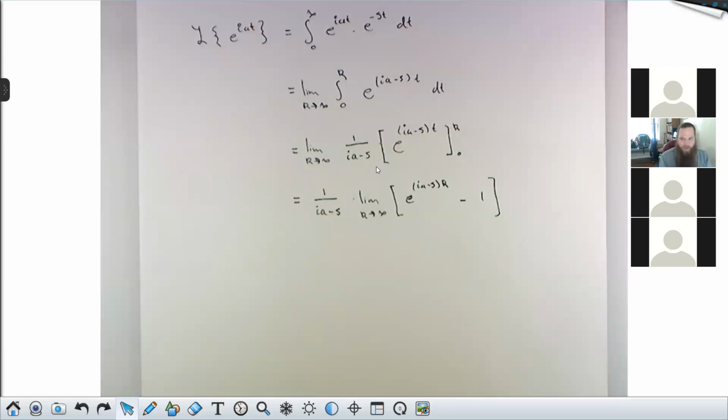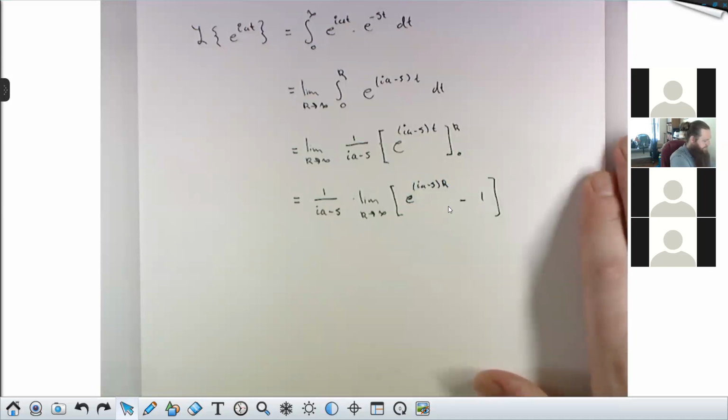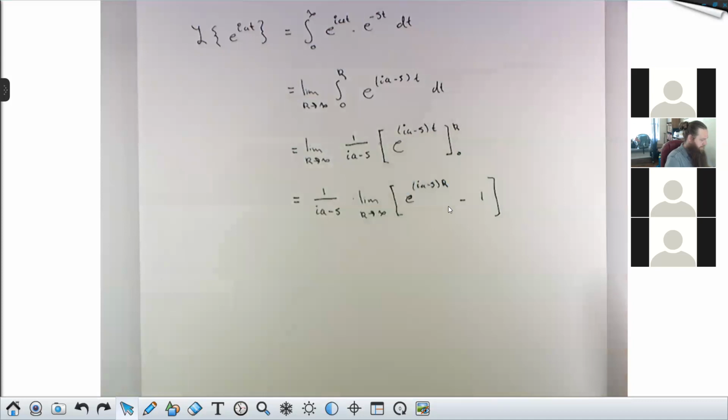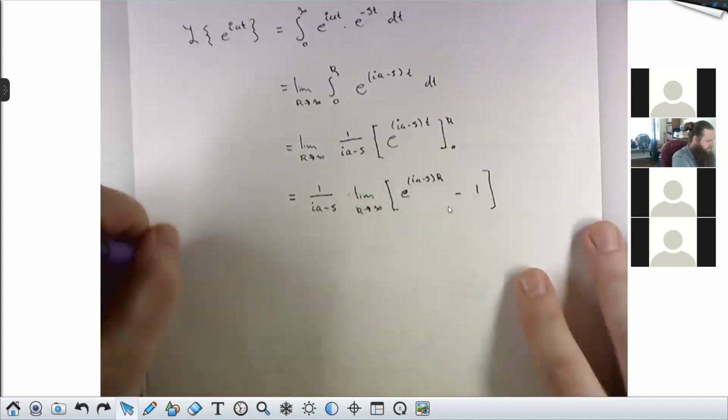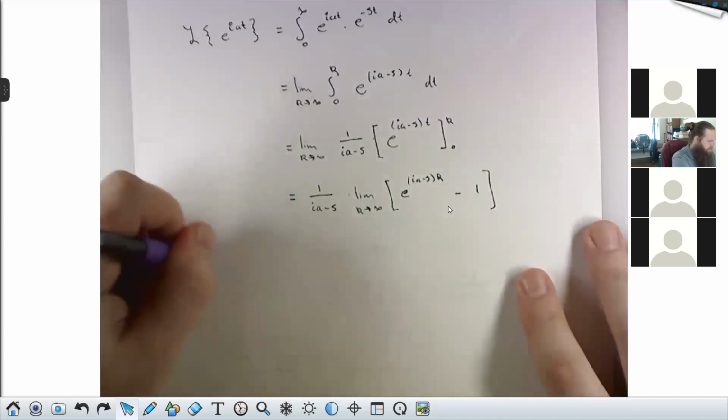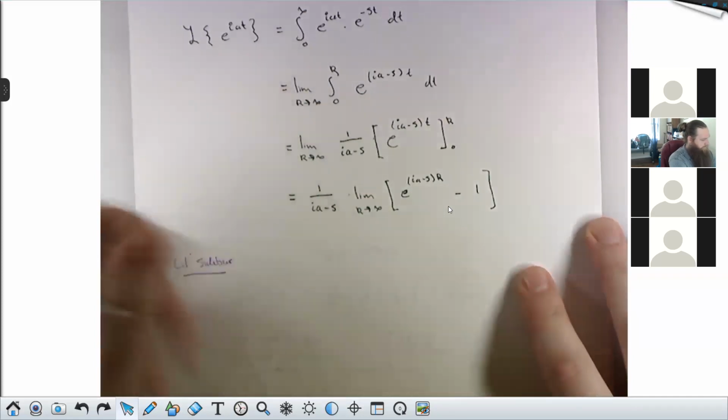So how am I going to come up with the appropriate condition to ensure this goes to 0? I'm going to pull something up here and we're going to do a little aside, a little sidebar.